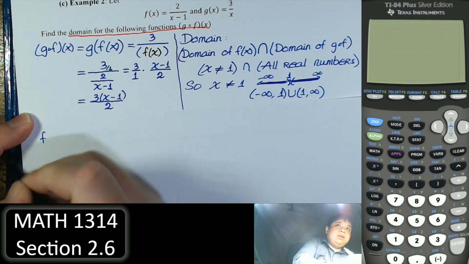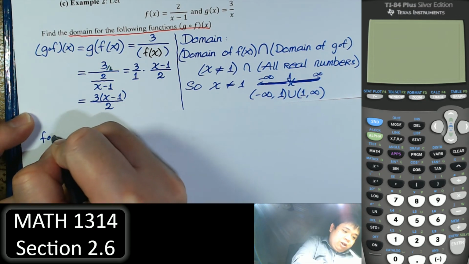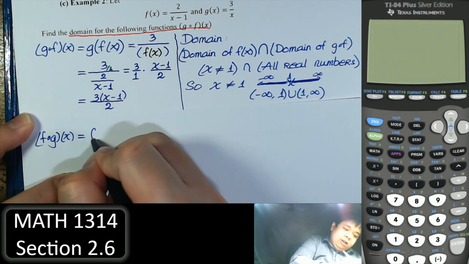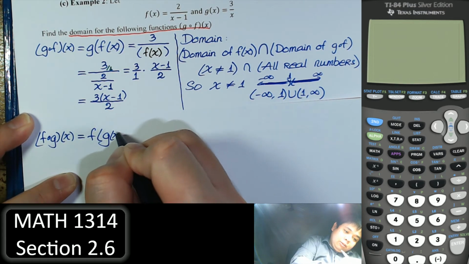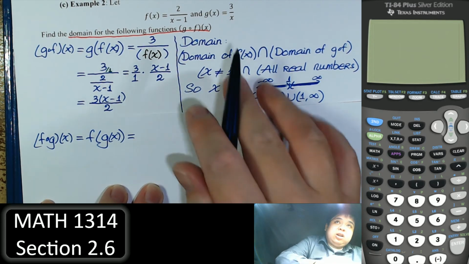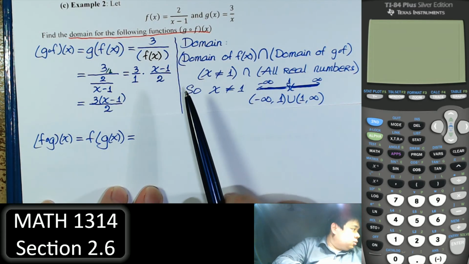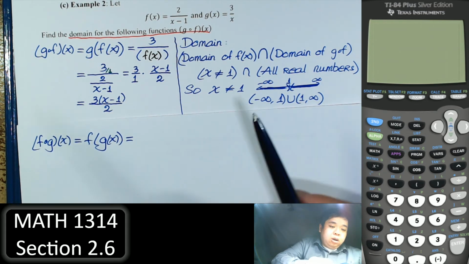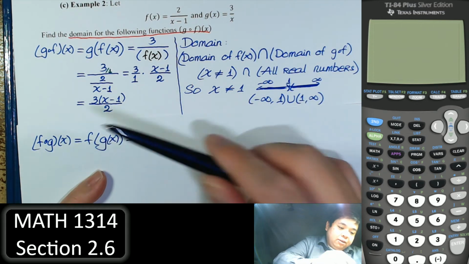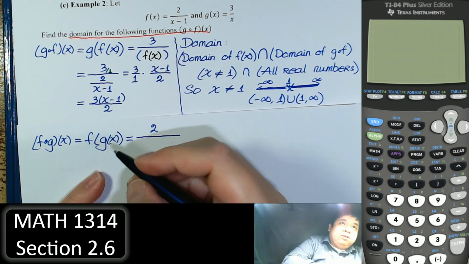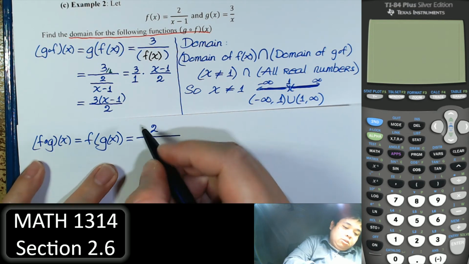So for f of g of x, we start with the function f, which is 2 divided by something minus 1.